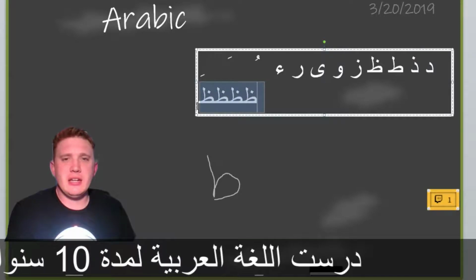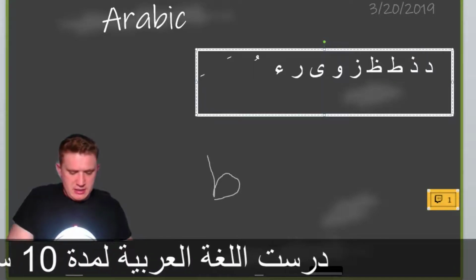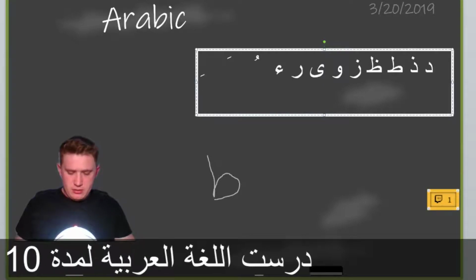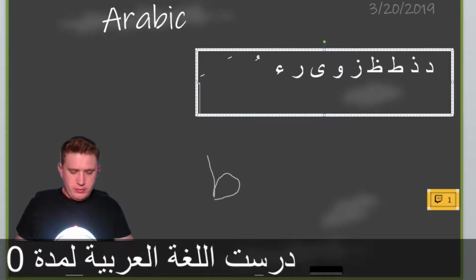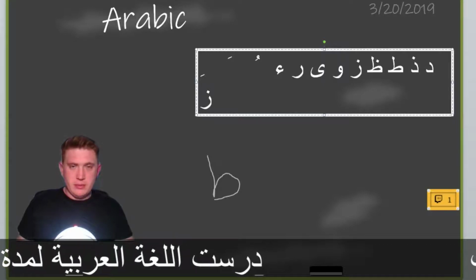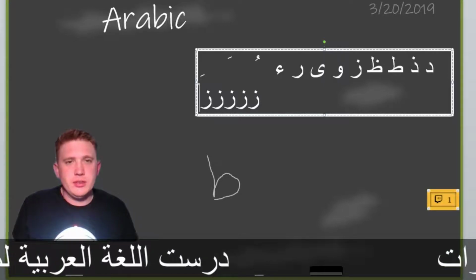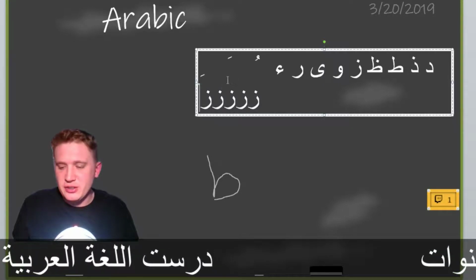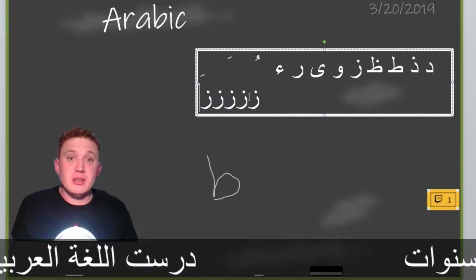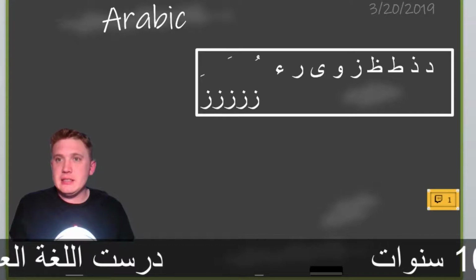So the next letter, let's go ahead and go into that one, is going to be a z. So, whoops. There we go. It does not connect. It's kind of like an R, which I actually haven't taught you yet. The way that it is written, let me show you.